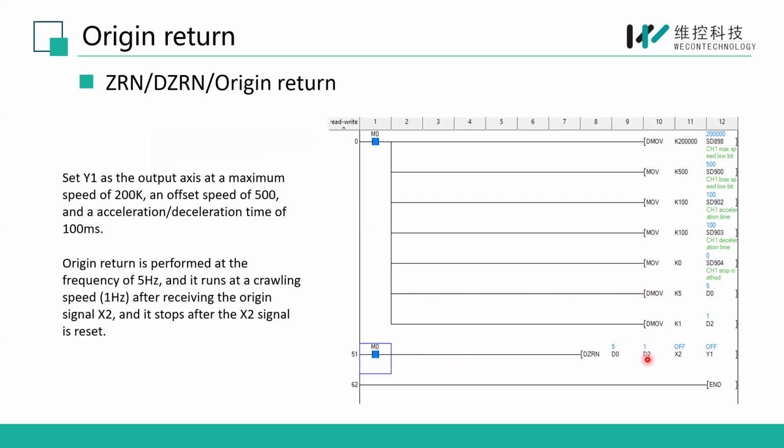The first speed is 5 Hertz, and when the X2 dog signal is triggered, the speed becomes the slow crawling speed. And when the signal is off, the instruction stops. So this is the function of JRN and DJRN.